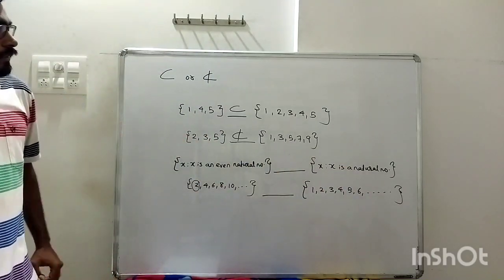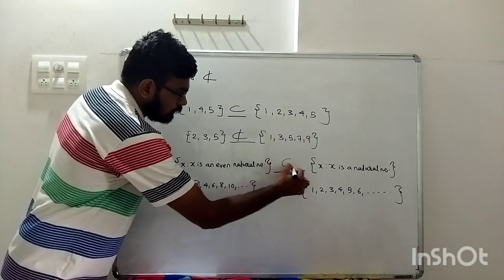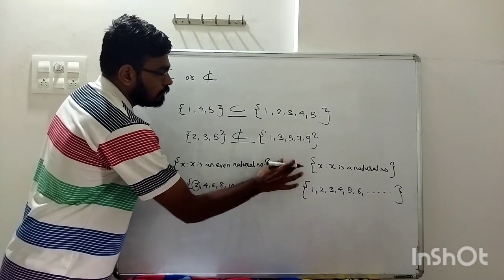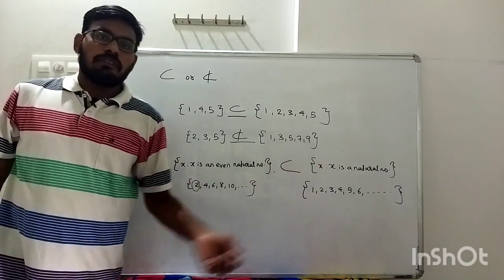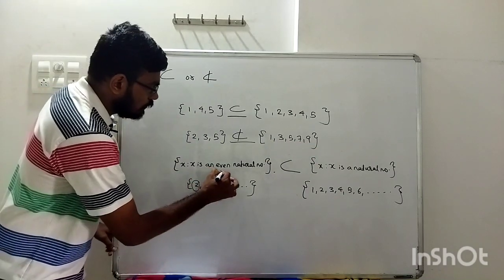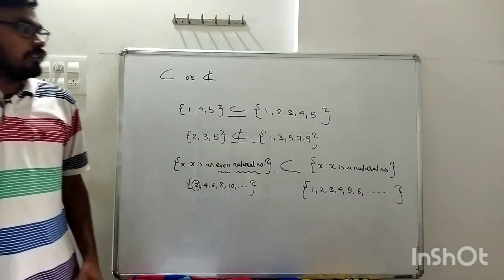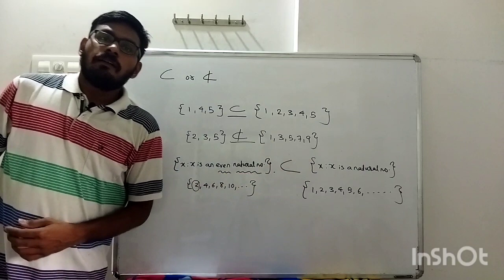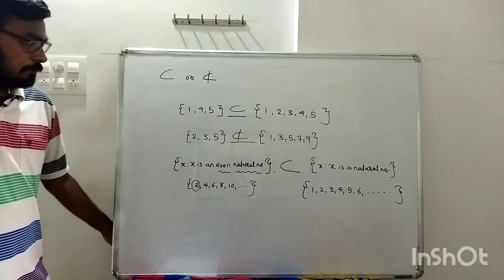So even natural numbers become a subset of natural numbers, or you can think of it like this. Obviously every even natural number is a natural number. It is specified even natural number, so natural numbers which are even. This is a bigger set and this is just a part of that set. Understood? So this becomes a subset.